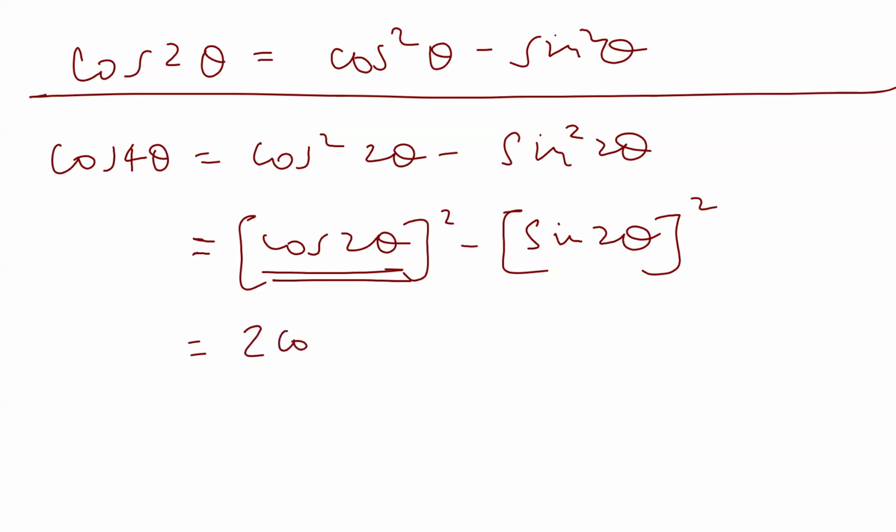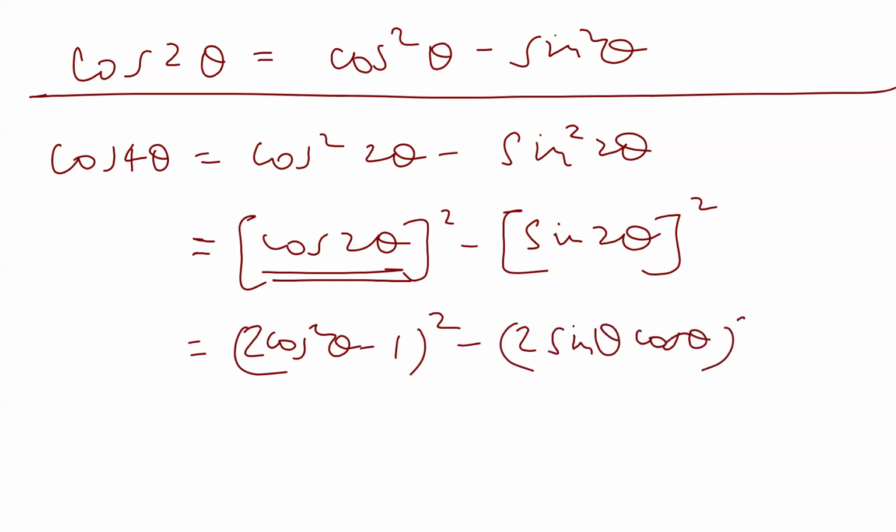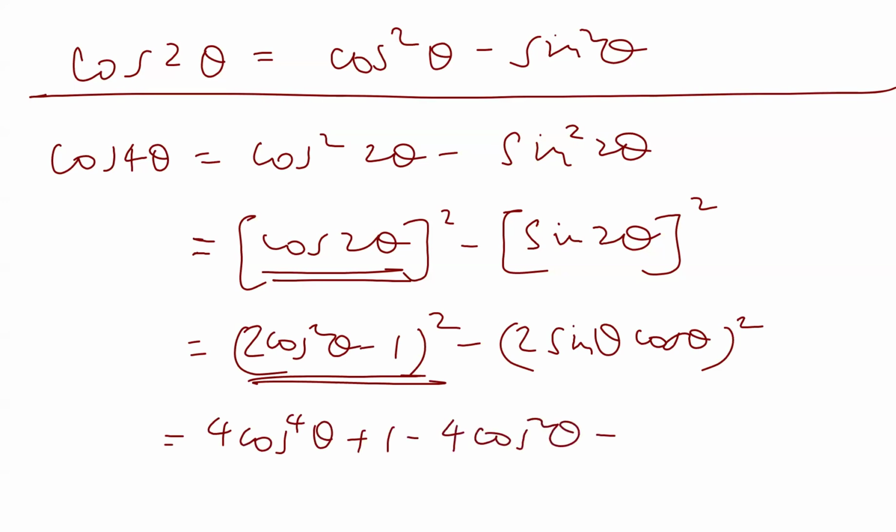So I'm just writing here 1 minus 2 sin square theta, or 2 cos square theta minus 1. One and the same thing, guys. Okay. Minus 2 sin theta cos theta, the whole square. First bracket, a minus b the whole square: 4 cos raised to 4 theta plus 1 minus 4 cos square theta minus 4 sin square theta cos square theta.